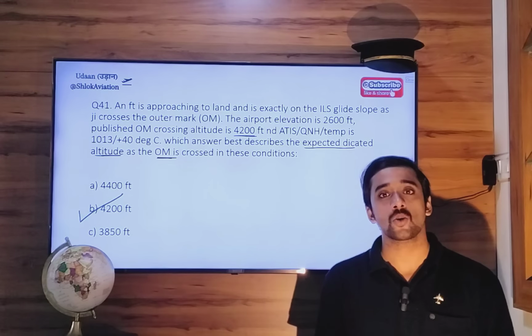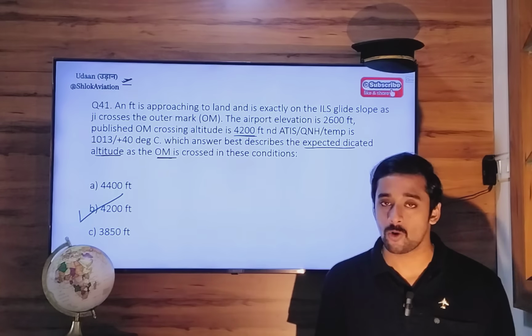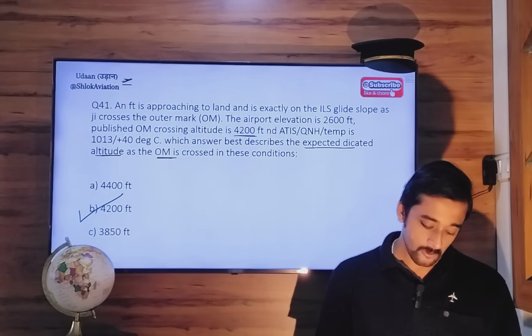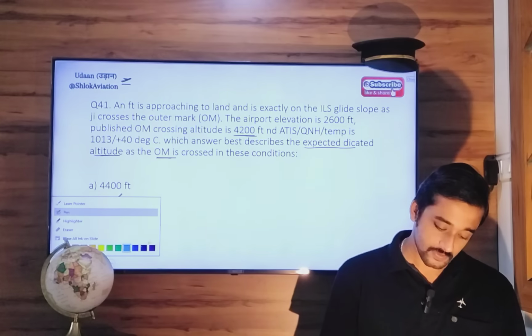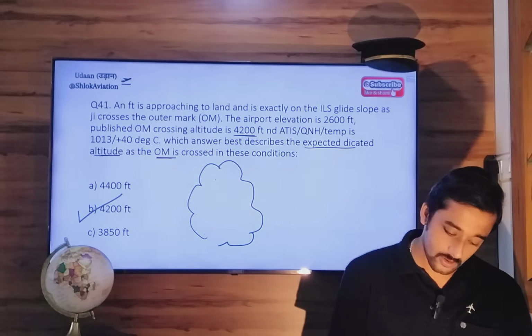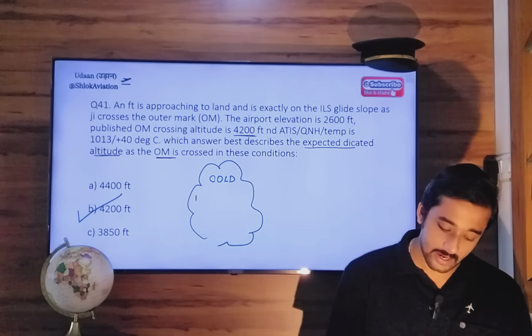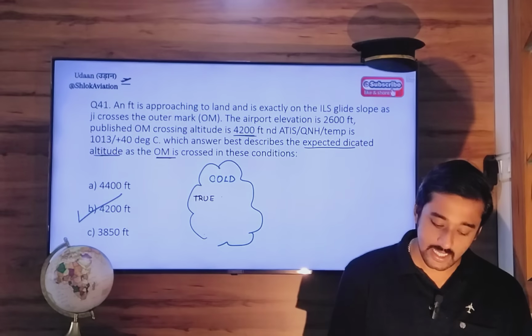If you are flying in a cold air mass, I have explained this in the Altimetry playlist. Do watch that video lecture. If you fly in a cold air mass like this, the true altitude of your aircraft is less than your indicated altitude.